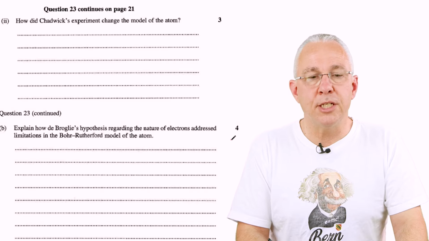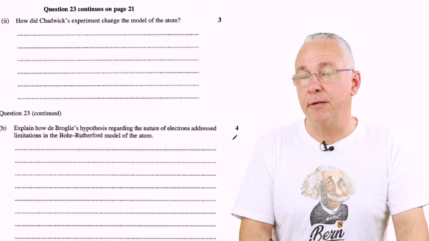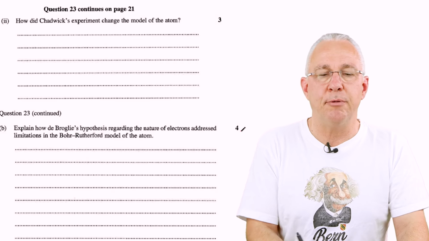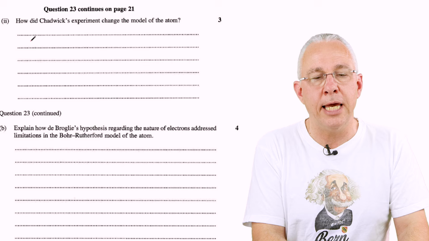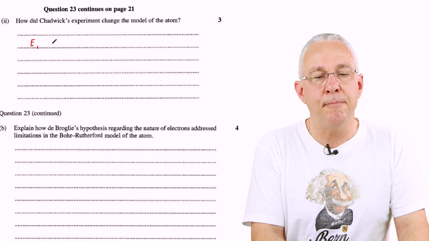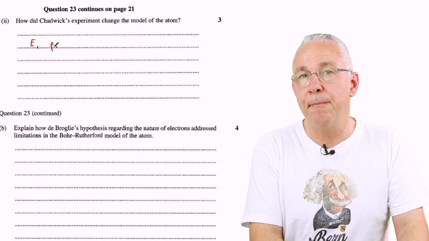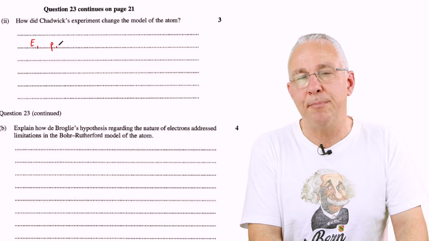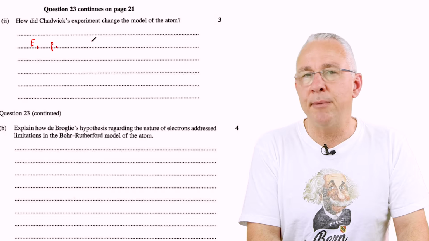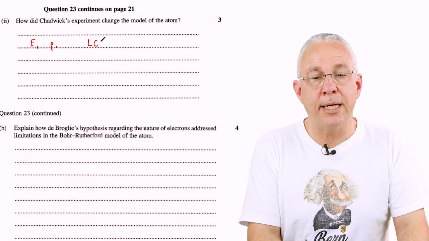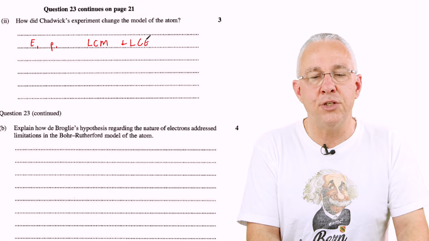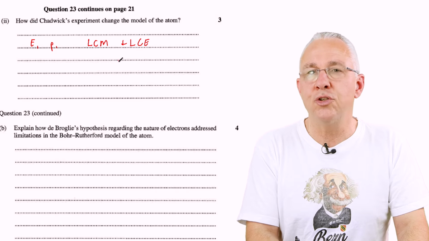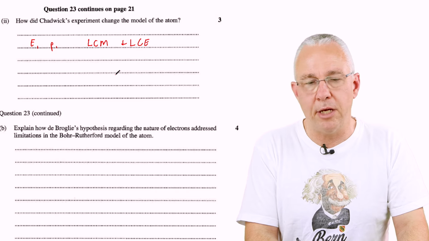Part 2, it says, well, how did Chadwick's experiment change the model of the atom? Well, this lends to what we said before. You see, if Chadwick was able to look at both the energy and the momentum of these protons that were being knocked out by this unknown radiation, he was able to establish through the application of the law of conservation of momentum and the law of conservation of energy, he could work backwards to determine the properties of this unknown radiation.